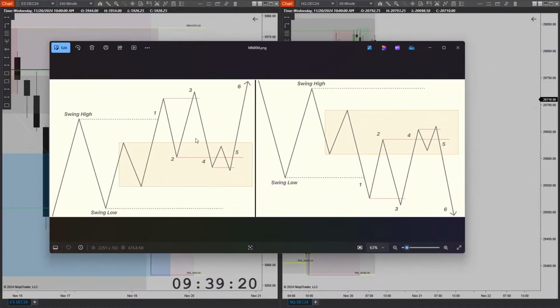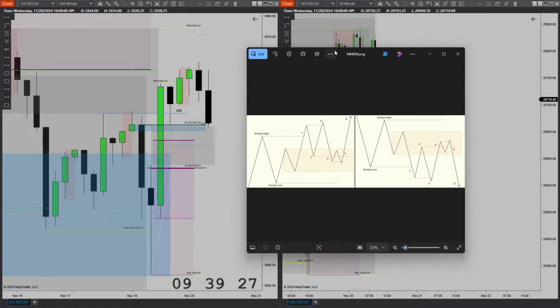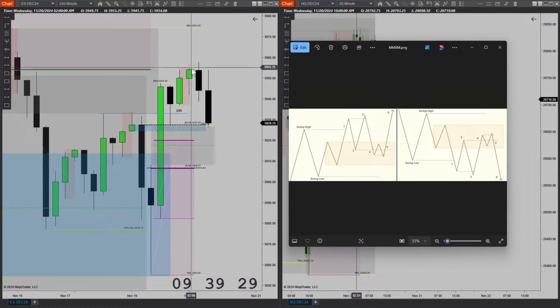Right, so I want that double purge as I'm seeing right now, because on both ES and NQ you can actually see it right now. You see buy side swept, which is right here. Then you want to see sell side get swept, which is right here. And then you want that for 1 hour and 15 minutes to show you.